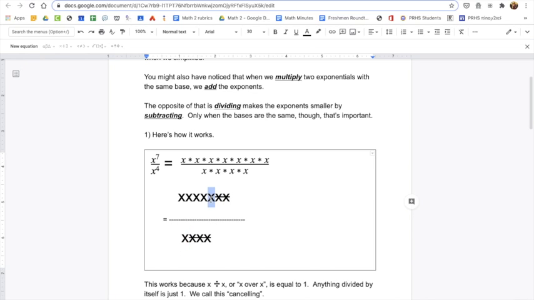And I'm going to keep doing this process of canceling or dividing one on the top by one on the bottom, because what those really equal is x divided by x is 1. So 4 x's on the top divided by 4 x's on the bottom, that also has to equal 1.